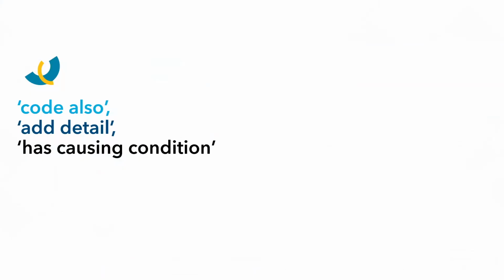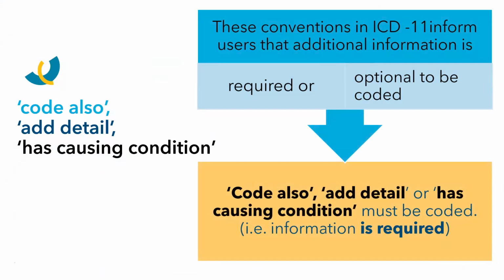Code also, add detail, has causing condition. These conventions in ICD-11 inform the users that additional information is required or optional to be coded. Sometimes additional information is compulsory and it is required, and other times providing additional information is optional.